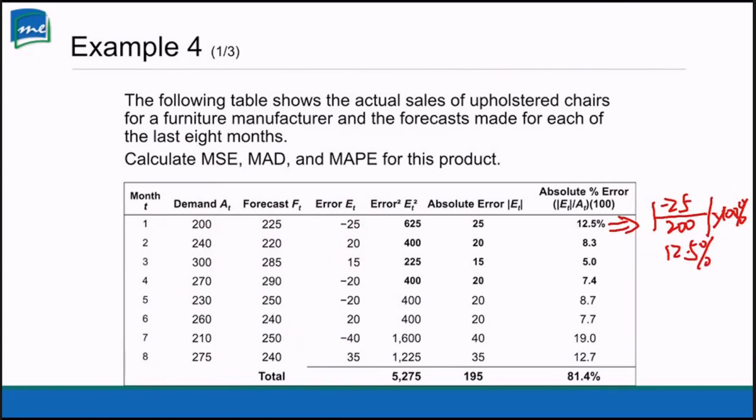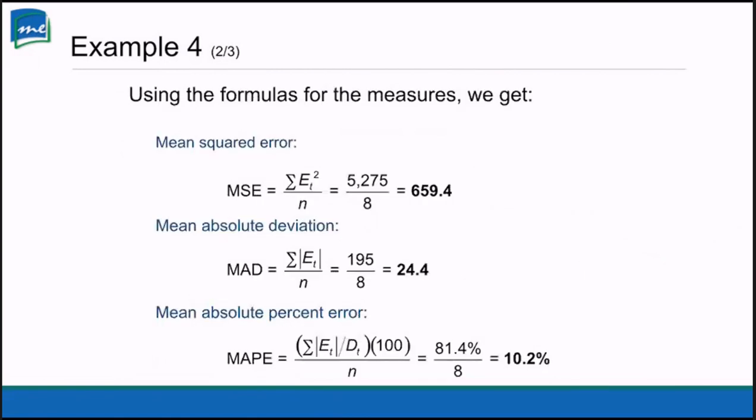And how do we obtain MSE, MAD, and MAPE? The MSE equals the sum of the squares of forecast errors divided by the number of periods we consider. So we use the sum of the squares of the forecast errors divided by 8. We obtain 659.4.